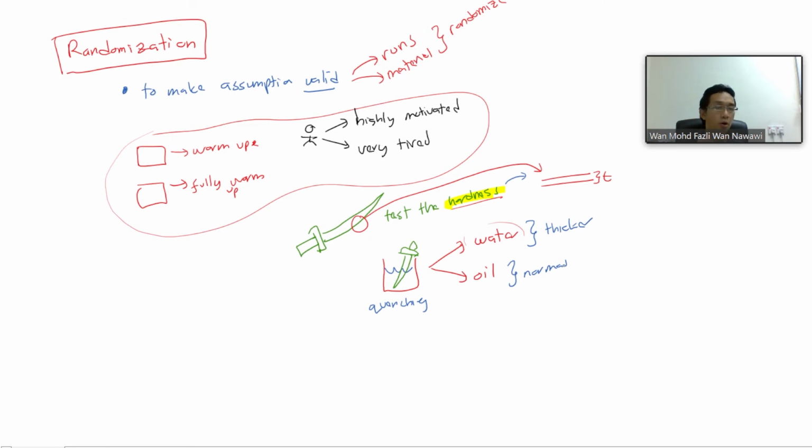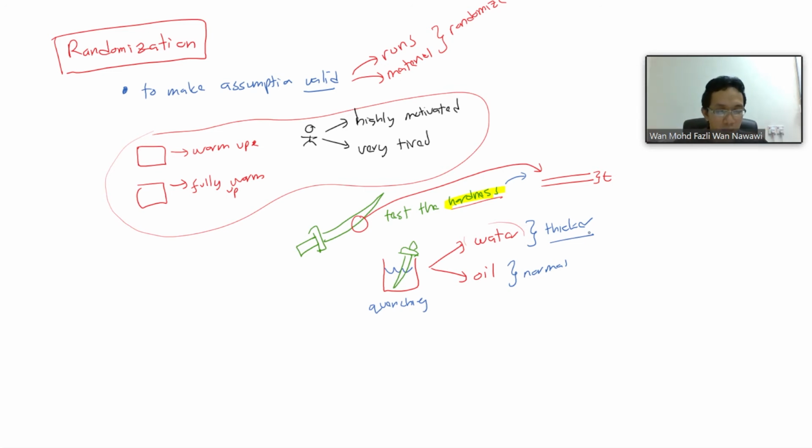So you will get the result, but the result can be misleading because you sort of have bias. You always put the thicker sword into the water, and only the normal and thin swords in the oil. So in order to randomize, you need to randomize the material itself and also the order. For example, this thicker sword can also go to oil and water, to randomize everything.